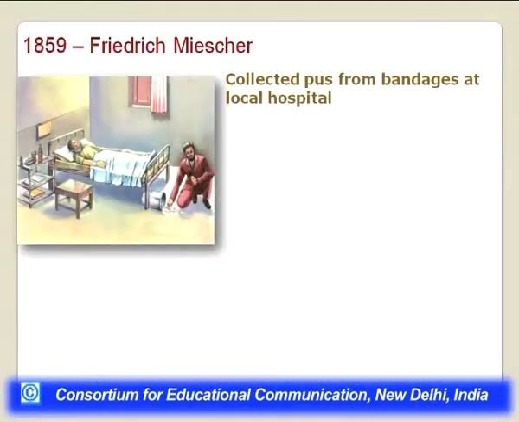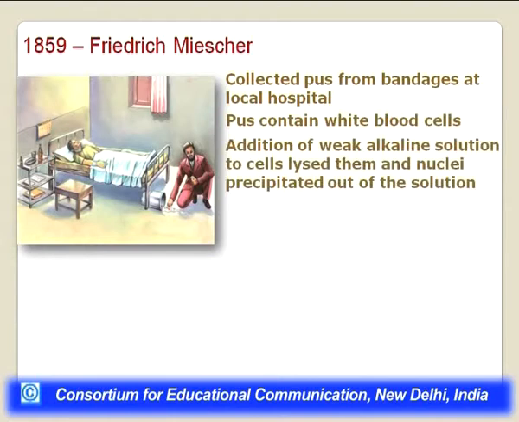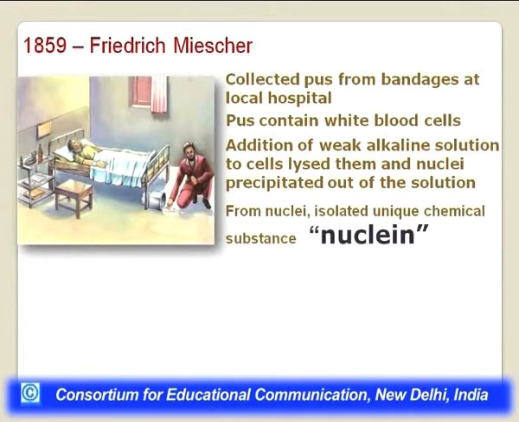In 1859, Friedrich Miescher basically identified DNA, although he didn't know about it. He collected pus from the bandages at a local hospital, the pus that contained white blood cells. He treated them with a weak alkaline solution and isolated a material from the nucleus, which he named nuclein.